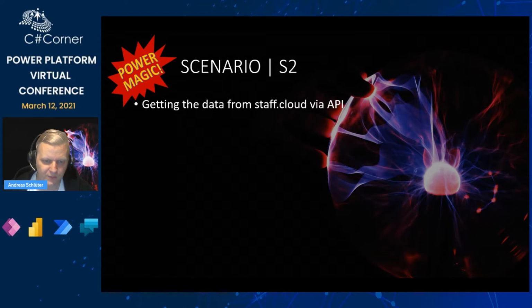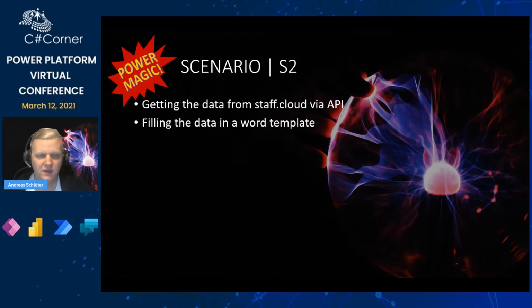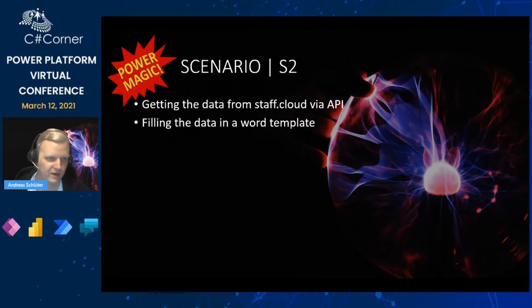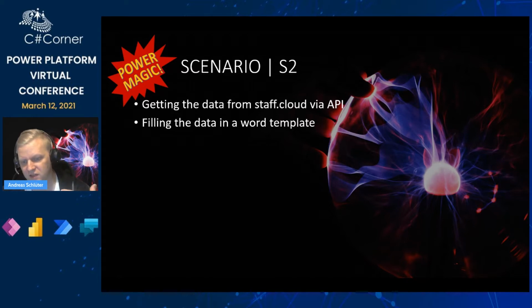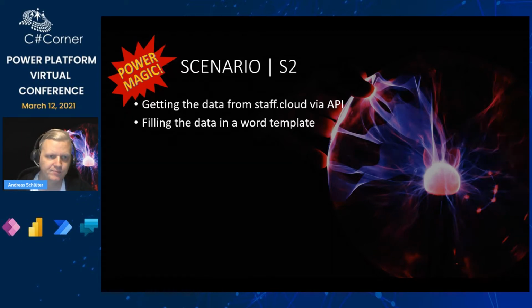In the next step, we get the data from the StaffCloud API. Then we use this data to fill a Word template for the contract. It's called a base contract, where all the basic details are stored in the template.